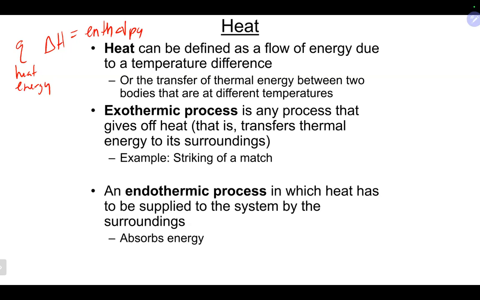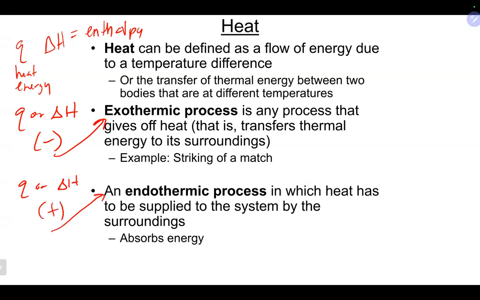Typically speaking, if you calculate Q or delta H and you yield yourself a negative number, that indicates that process is most likely going to be an exothermic process. So it's going to result in a release of energy. If you go through calculation and you calculate Q or delta H and you yield yourself a positive number, that basically means that it's going to be an endothermic process.